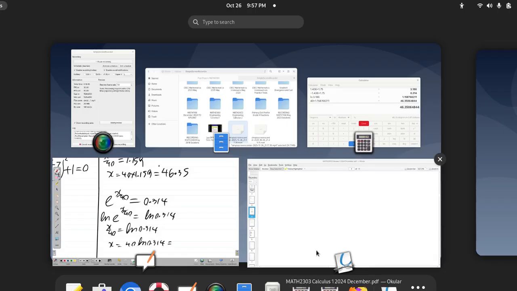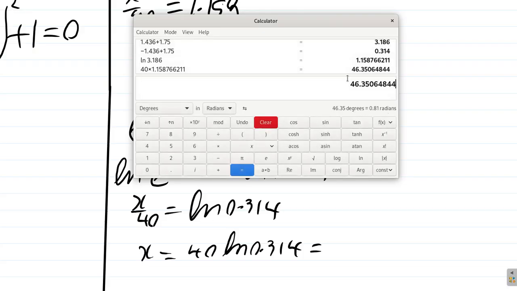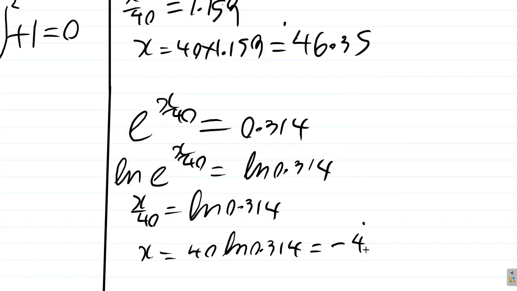All right, ln 0.314 equals, and you multiply that by 40, negative 46.33.